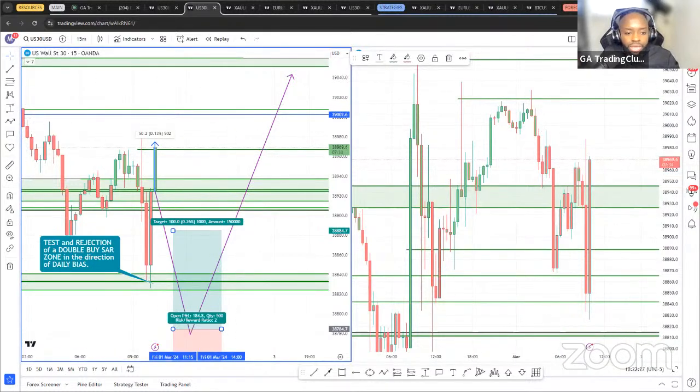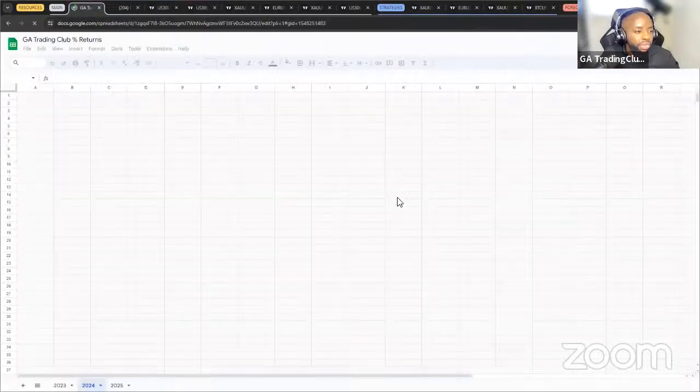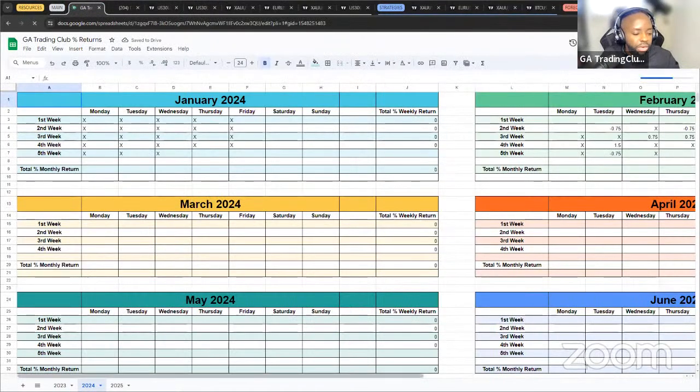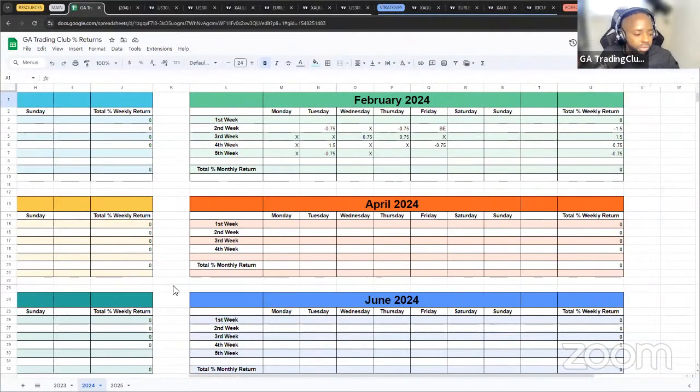So I will either try to catch a trade post 12 p.m. Eastern time, or just wait until Monday. So for the month of February, we ended February at break even. February was a tricky month. I'm just glad that it's break even and not really a losing month.